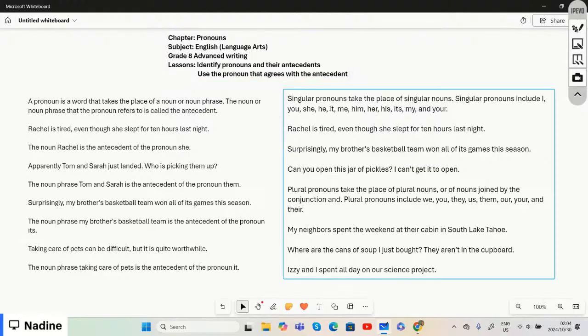So our chapter is pronouns. Our subject is English language arts. We're doing grade 8 advanced writing.